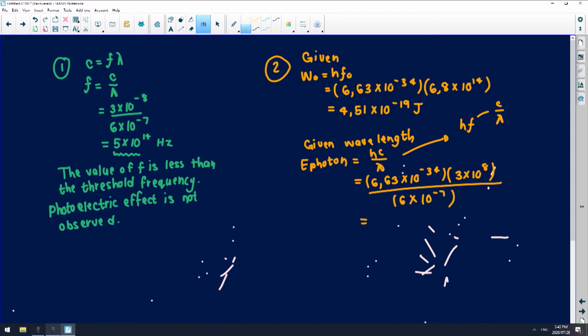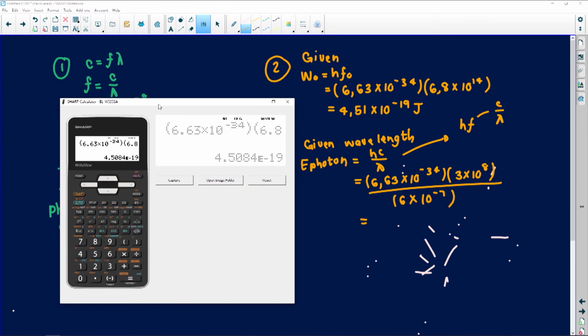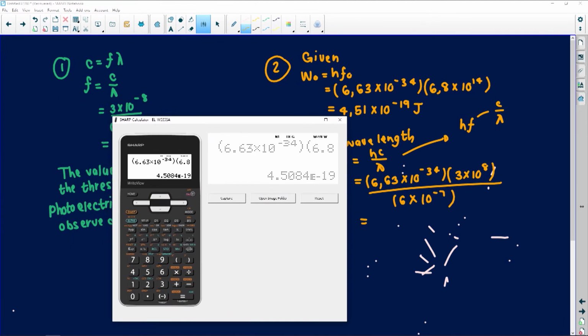Now let's see whether the energy and the work function are going to work hand in hand. Put it as it is in your calculator. Remember to put brackets, 6.63 times 10 to the exponent negative 34. Bring that down. I've got 3 times 10 to the exponent 8.